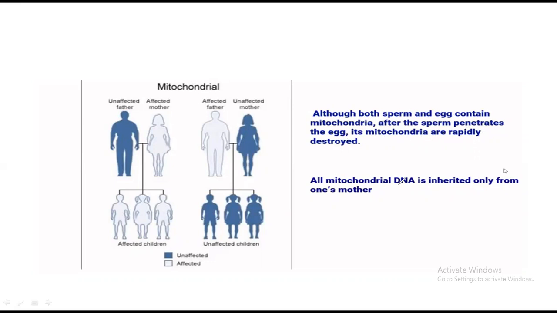All the mitochondrial DNA is inherited only from the mother. Just look here, this is the father and the mother. So all the children get the mitochondrial DNA from their mother. Why, I will discuss in the diagram.